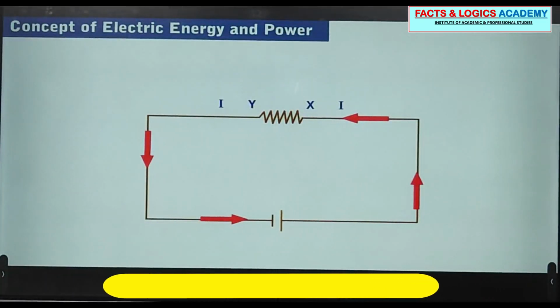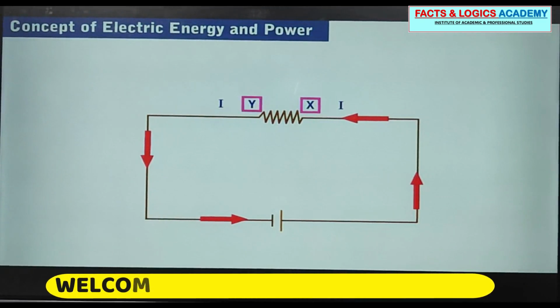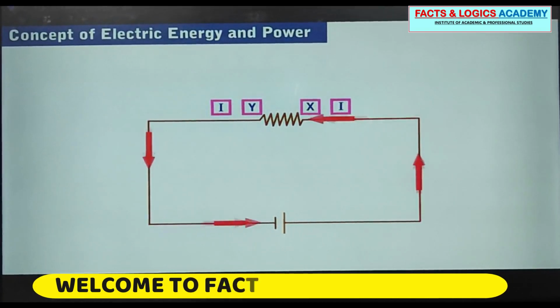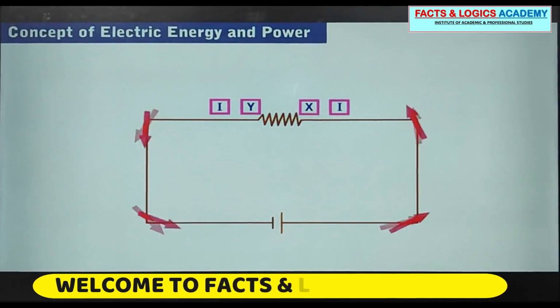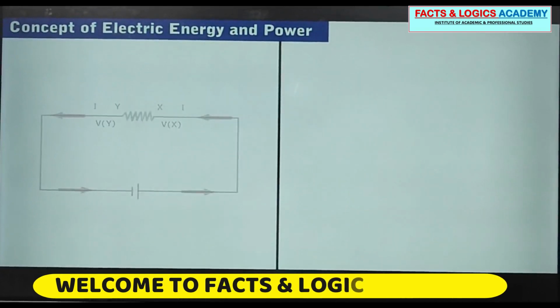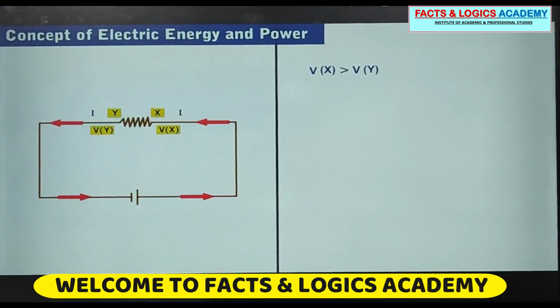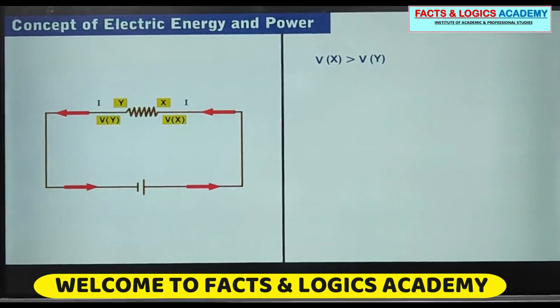Let us take a conductor XY in which current I is flowing from X to Y. The electric potential at point X is Vx and at Y it is Vy.